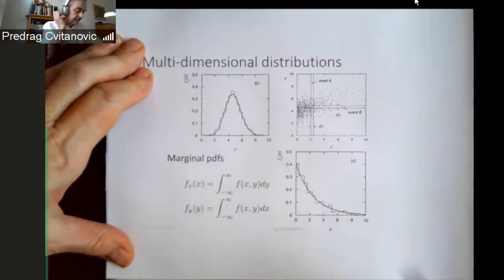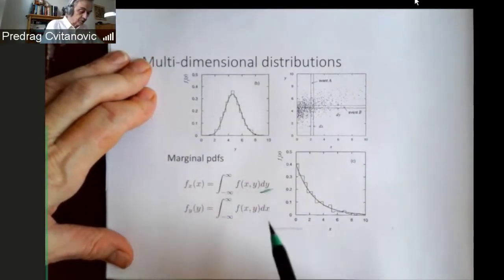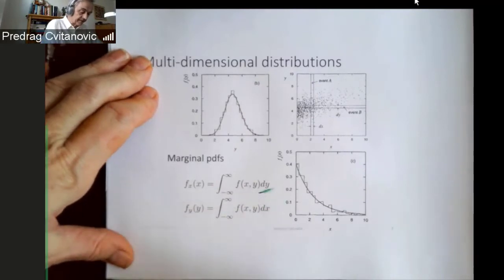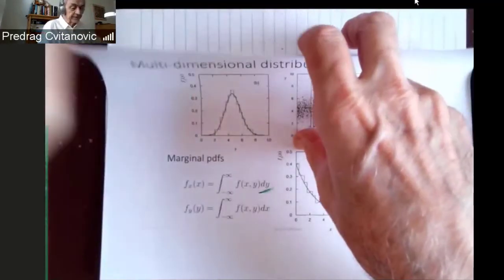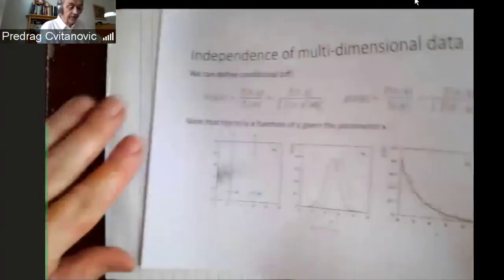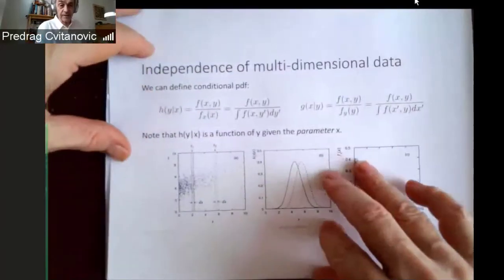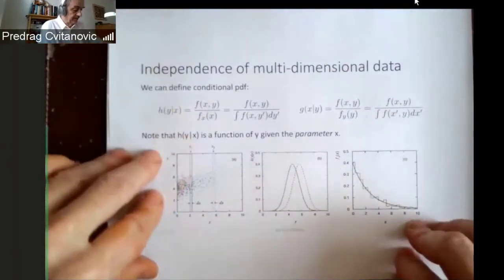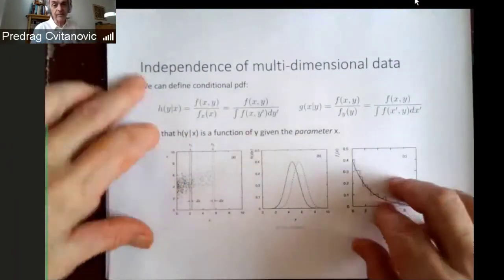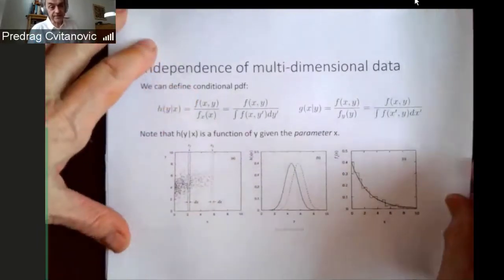So you can find probabilities of this thing projected down just on the x-axis or on the y-axis. Those are called marginal PDFs. And you would like to have some test whether the things that you're measuring are actually independent measurements of your experiment, or you're measuring the same thing twice.